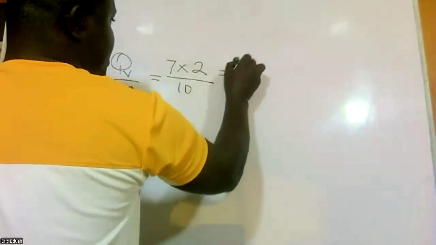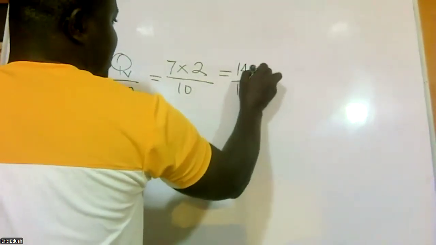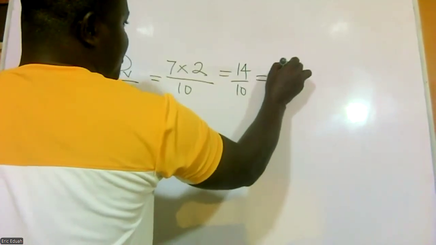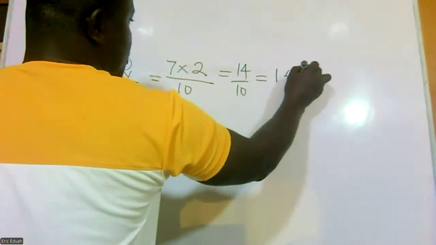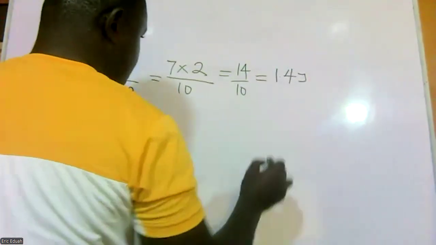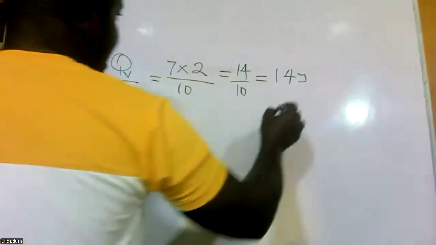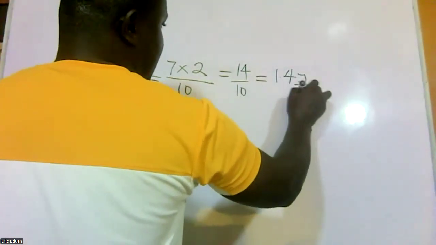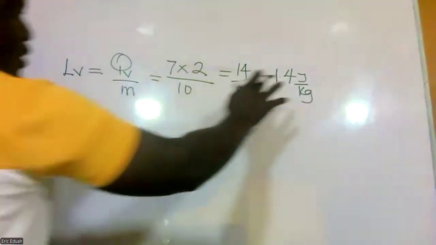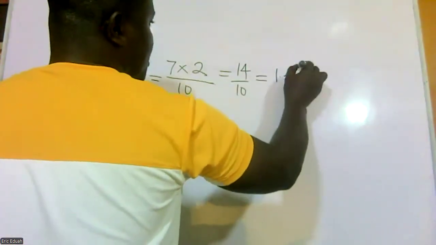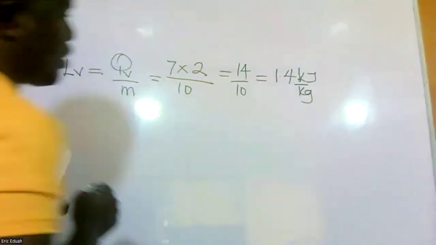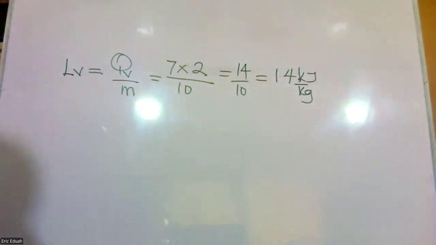So we have 14 on 10, and this will be equal to 1.4 kilojoules per kilogram. So the specific latent heat of vaporization of the substance would be 1.4. Where is the question?